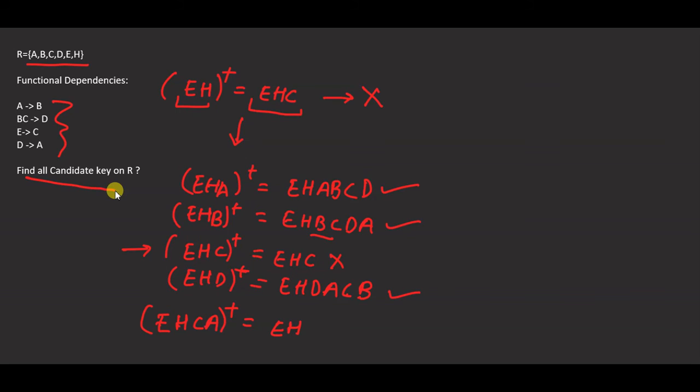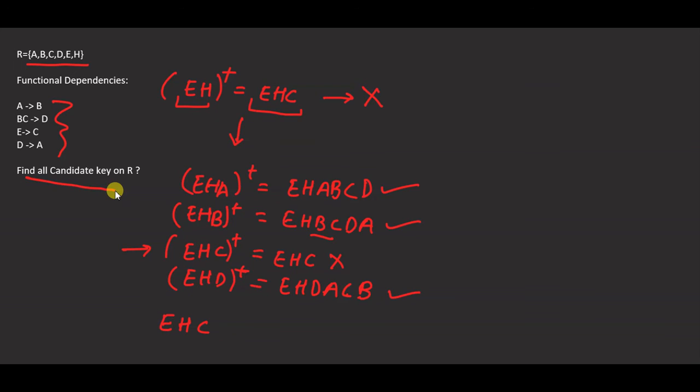Because EHA is already a candidate key, and we are just adding C. EHC was not a candidate key, but when you add A it becomes EHA, and EHA is already a candidate key, you are just adding C. So we will not consider this.